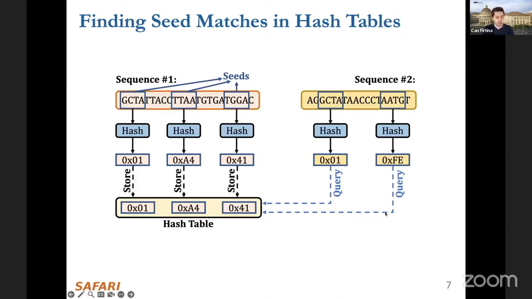And after querying, the hash table will quickly tell us whether there's a match, meaning that particular hash value exists in the hash table, or no match. So this is pretty beneficial for us to quickly reduce the search space, as we covered in the previous slide, from the entire reference genome to particular regions in the reference genome.